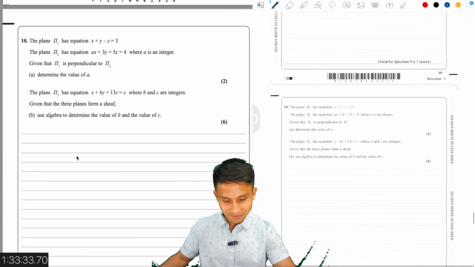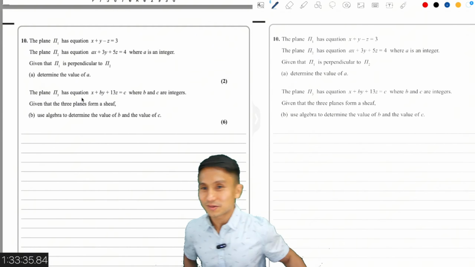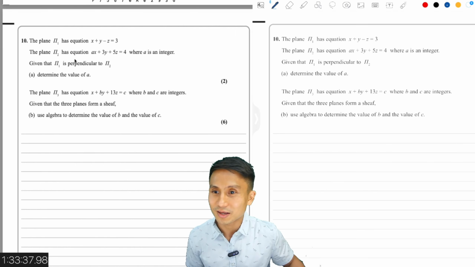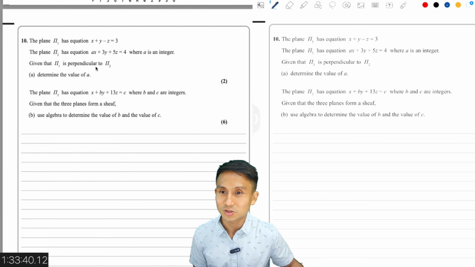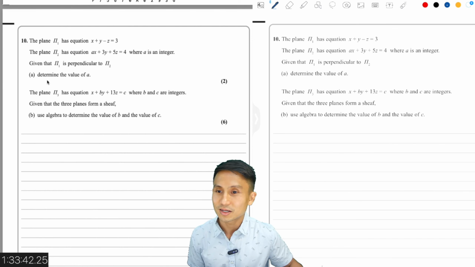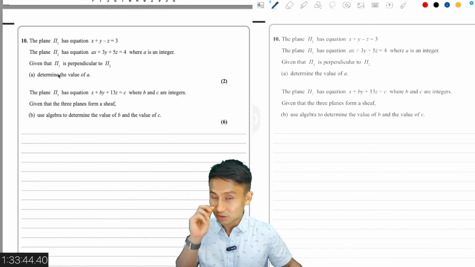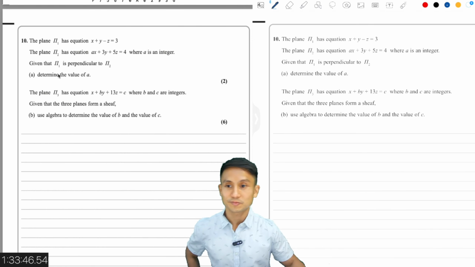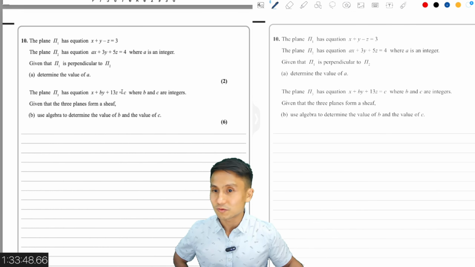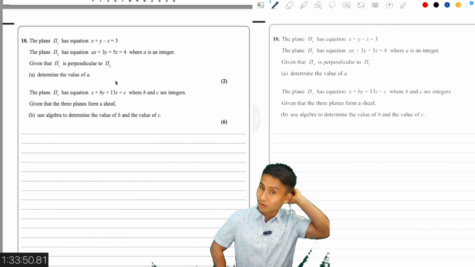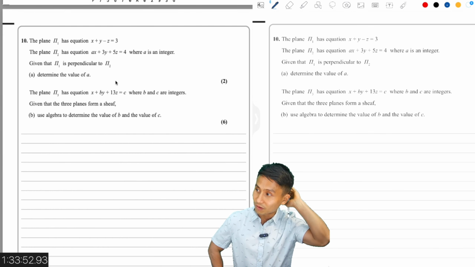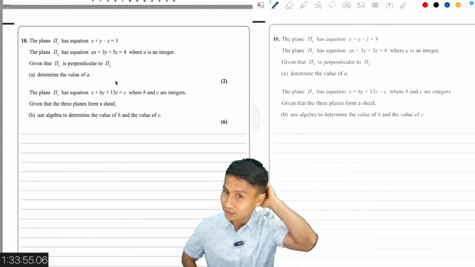Okay. Oh, and it's still vector and plane. Determine the value of A. Plane 1 has equation that, plane 2 has equation that, where A is an integer. Given that plane 1 is perpendicular to plane 2, determine the value of A. Perpendicular, right? So their normal vectors are also perpendicular.